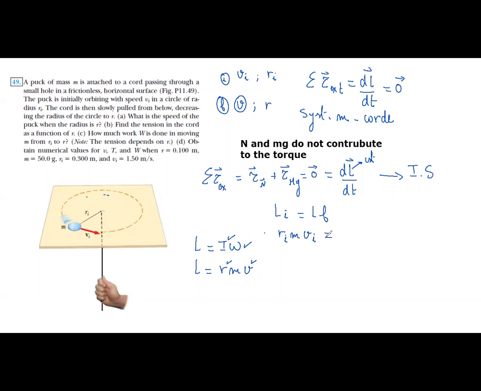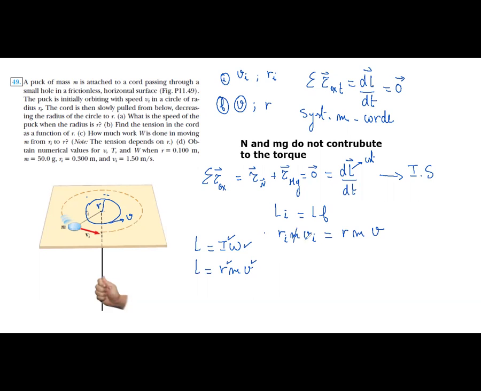And in the final state, we have R, we have m, and we have v. When the system has a new trajectory, we have a new velocity v and a new radius R. So L in this case equals R m v.